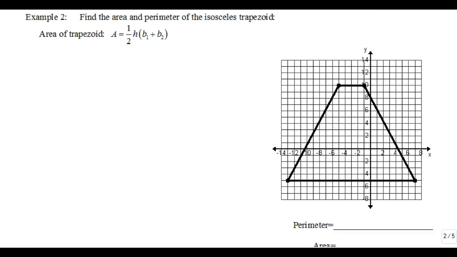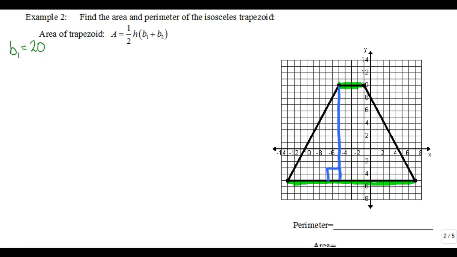Our next problem is to find the area and perimeter of the isosceles trapezoid. Since it's isosceles, we know that two of the legs are congruent, so that will reduce the amount of work we have to do when finding the perimeter. But let's find the area first. In order to find area, we need to know the height and the length of the two bases.